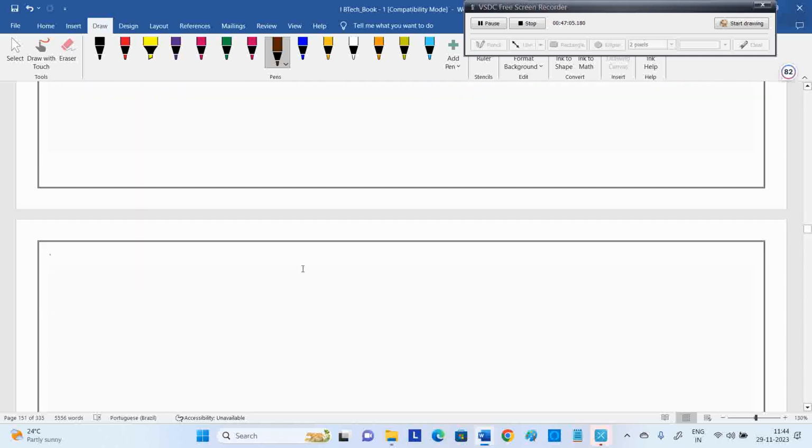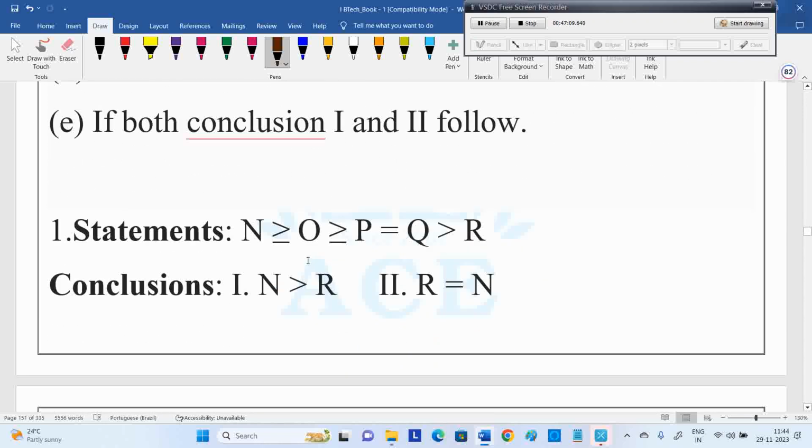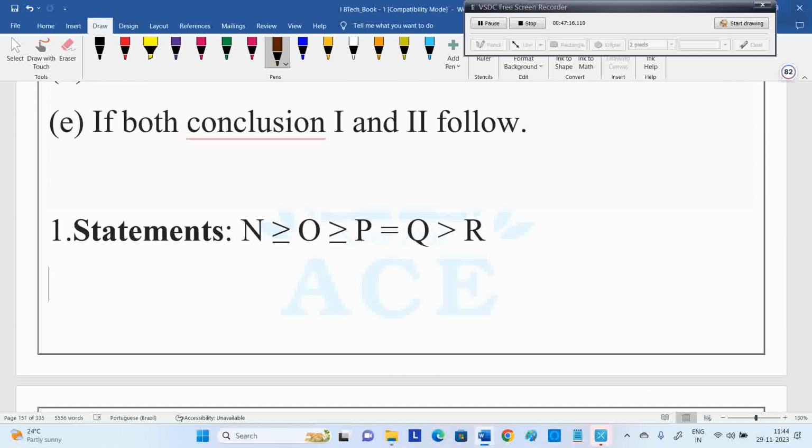Now, sir, is this shortcut important? Yes. See the first question actually in our booklet. What's the first question we're given? This is the one, right? Now, conclusions are between what? N and R, right? My simple job, P equal to Q, right? Means in place of P and Q, I can keep only one among that. P and Q both are equal. I'll put P only.